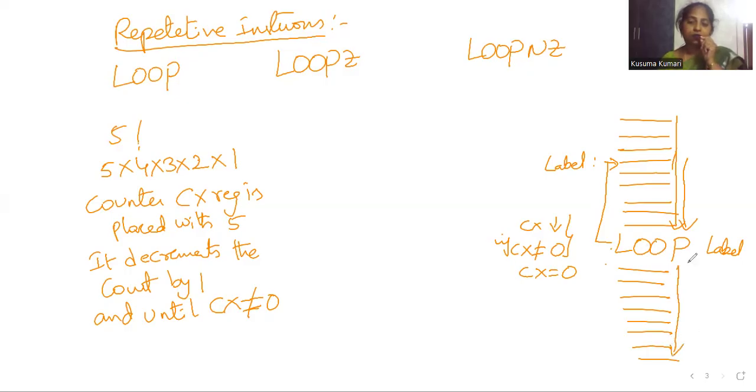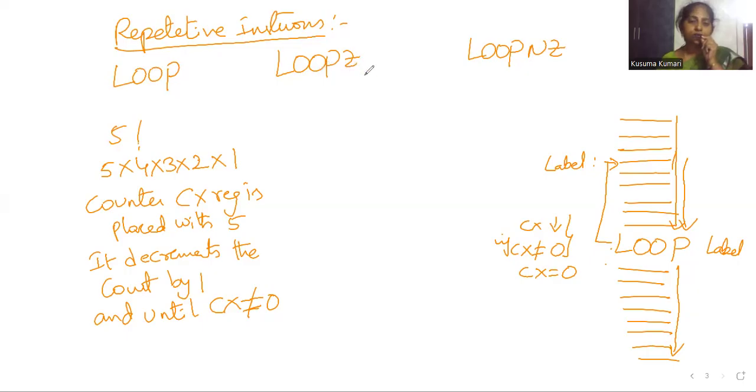So the loop instruction decrements the count by 1 and checks if CX is not equal to 0. Until then, these instructions are under the loop.